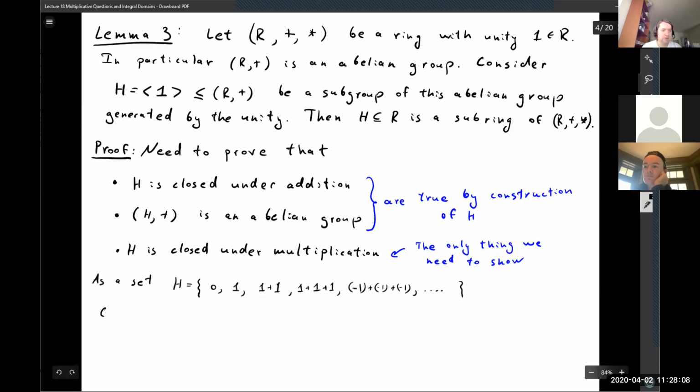So for the case A, let's take an element which is just 1 added with itself n times.